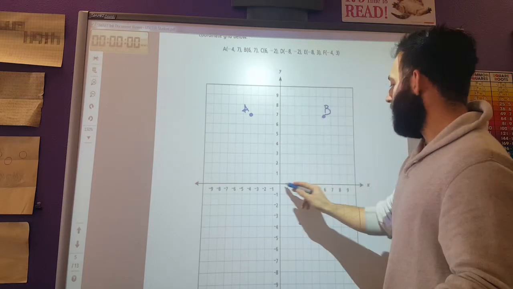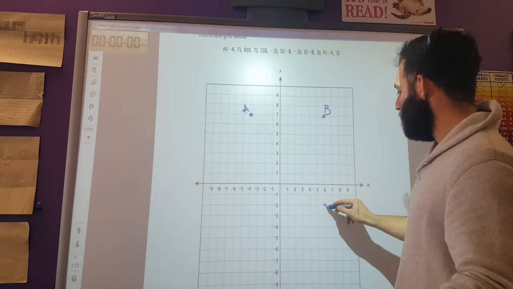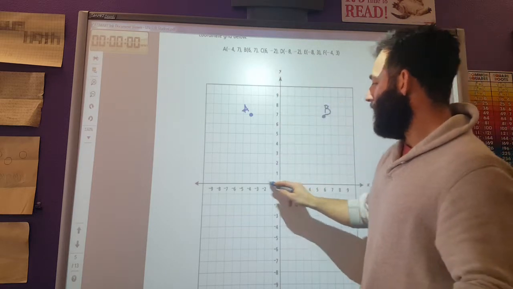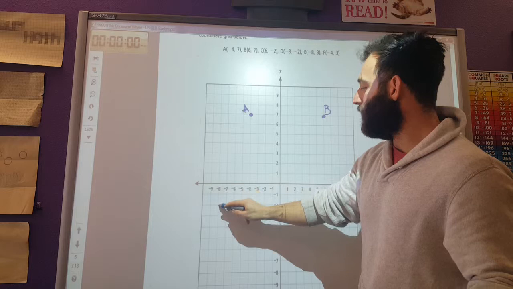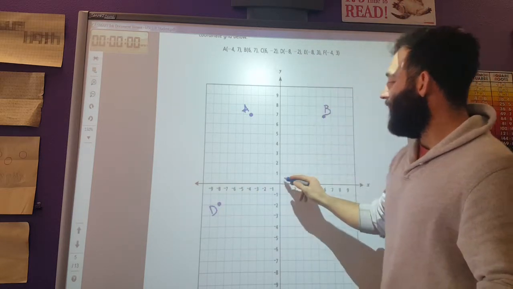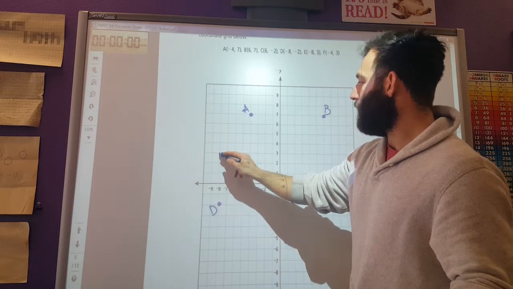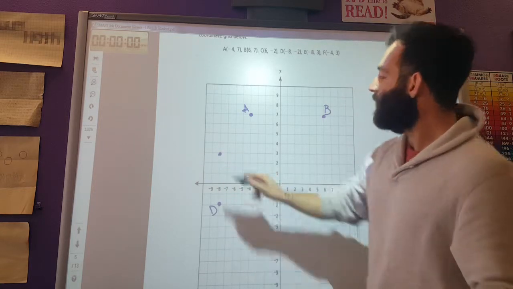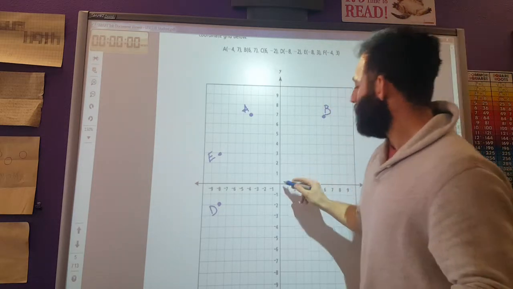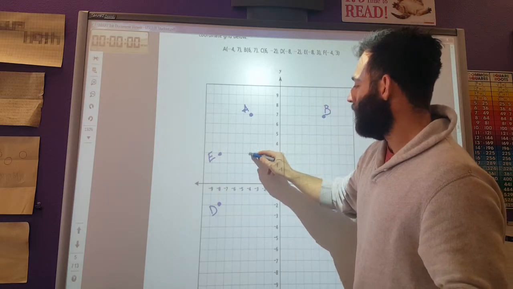Point C is at 6, -2. D, -8, -2. Point E is at -8, 3. And point F is at -4, 3.